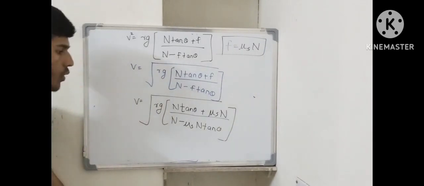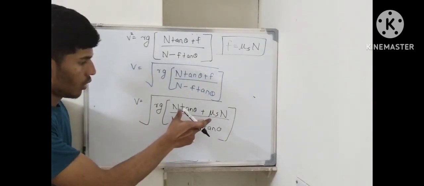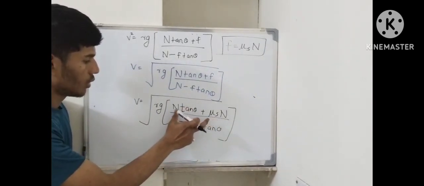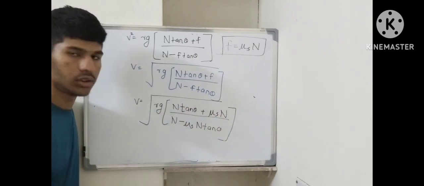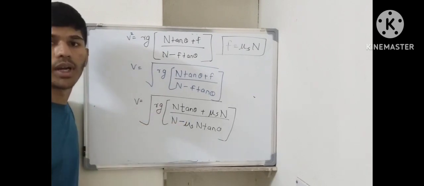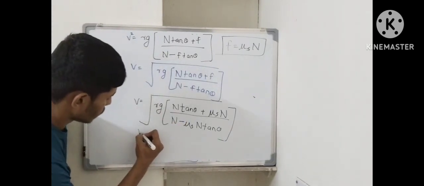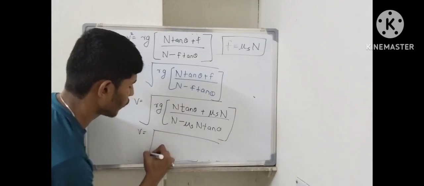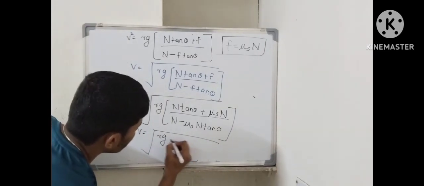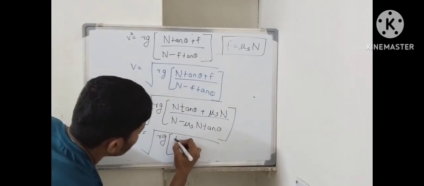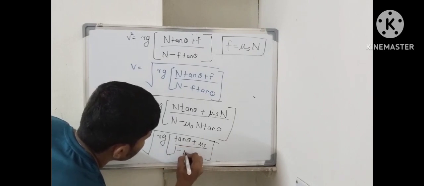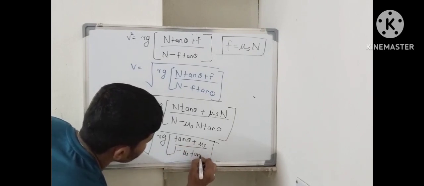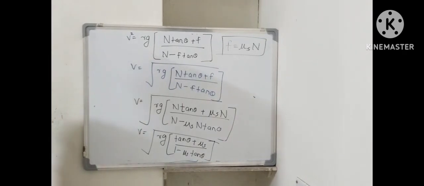So if we take n common from the numerator and denominator, n will get cancelled. So v will be, the final formula will be rg into tan theta plus mu s upon 1 minus mu s tan theta. This will be the final formula.